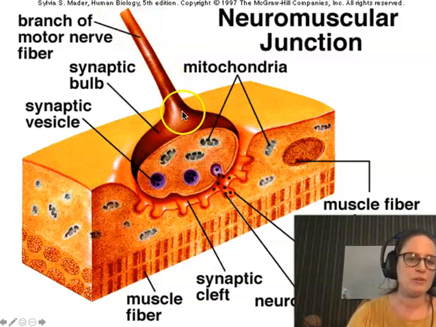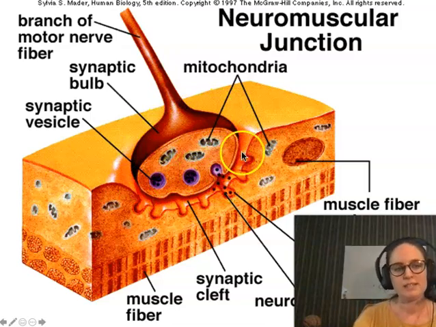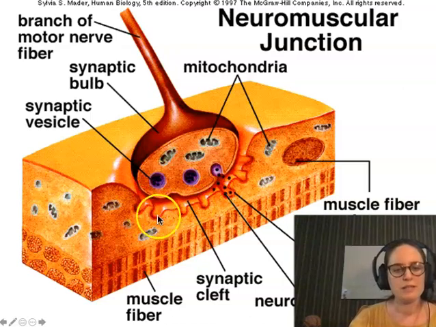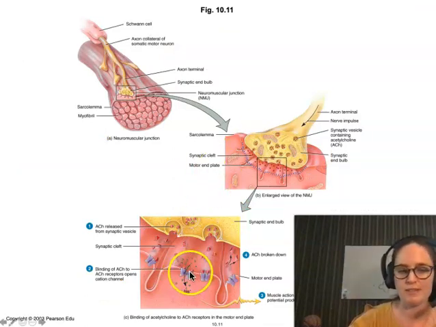Here's the motor neuron. They went with synaptic bulb, that's fine. This motor neuron is going to release acetylcholine into the synaptic cleft. This folded piece of sarcolemma has receptors for the acetylcholine. There's the receptors for the acetylcholine.